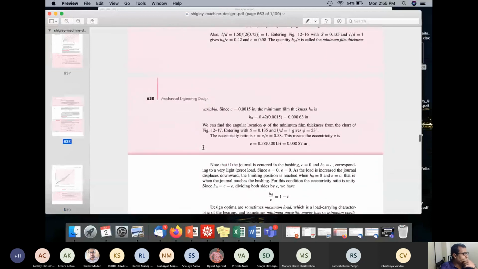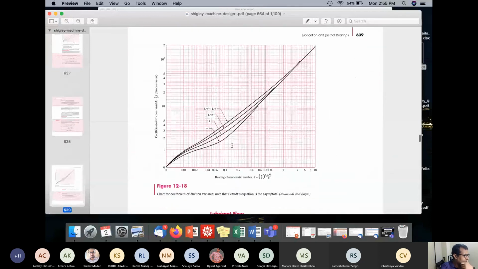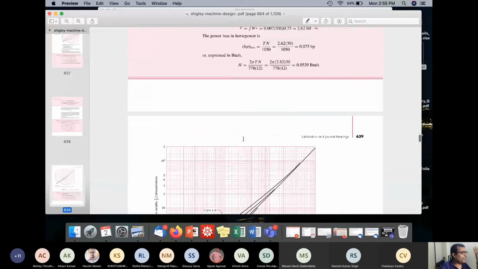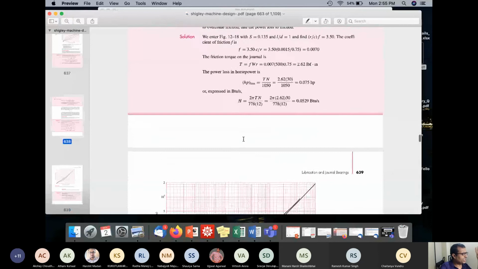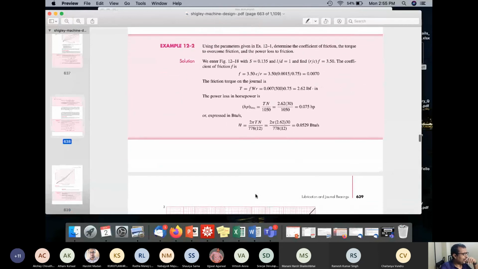So these were the charts which I showed you right here. These are dimensionless charts, so these will be independent of any units, but I'm just trying to use some units because the ones which I had, I used it.